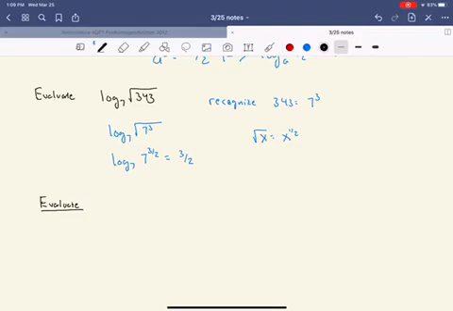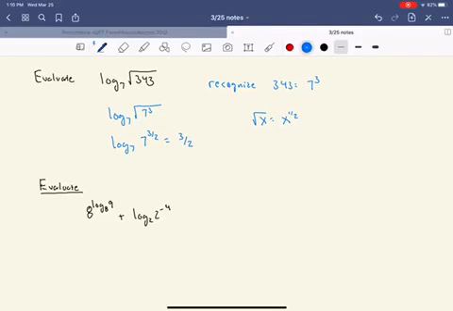We're going to evaluate 8 raised to the log base 8 of 9 plus log base 2 of 2 to the negative, let's say, 4. Okay?